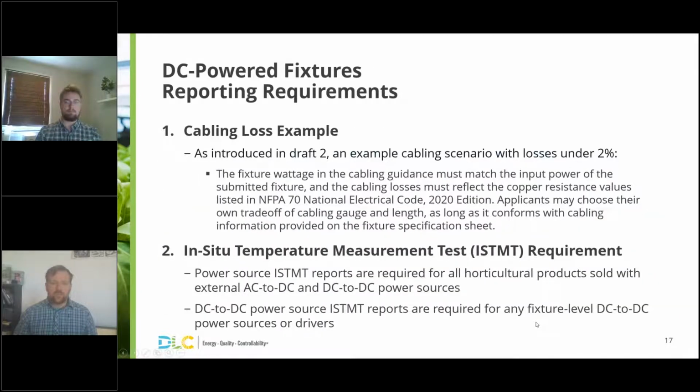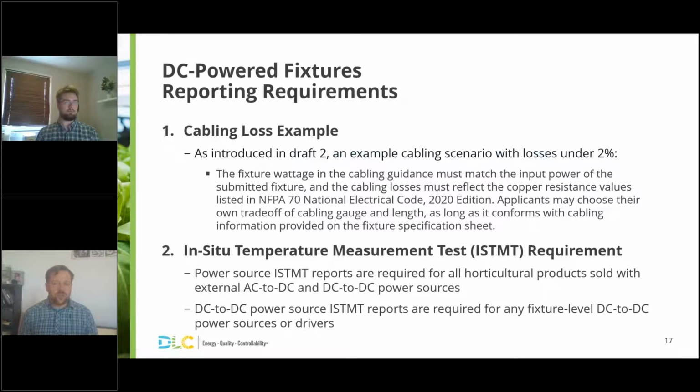Next, these are a couple of our reporting requirements. First, this is similar to the last draft. We are asking manufacturers to provide a cabling scenario for a fully loaded power supply, one for each fixture. So this is just an example.